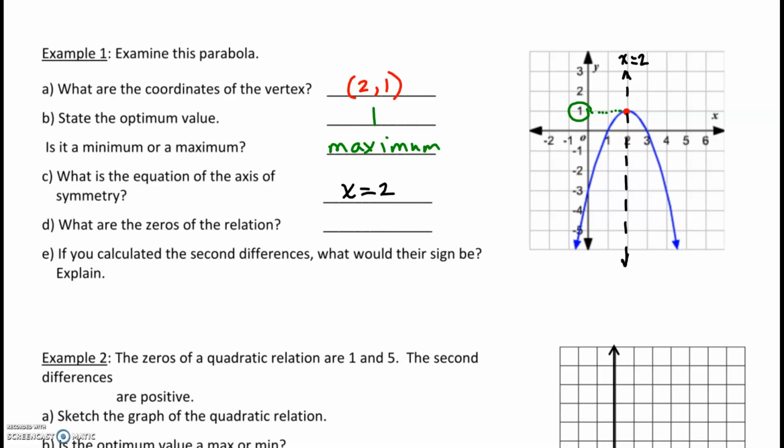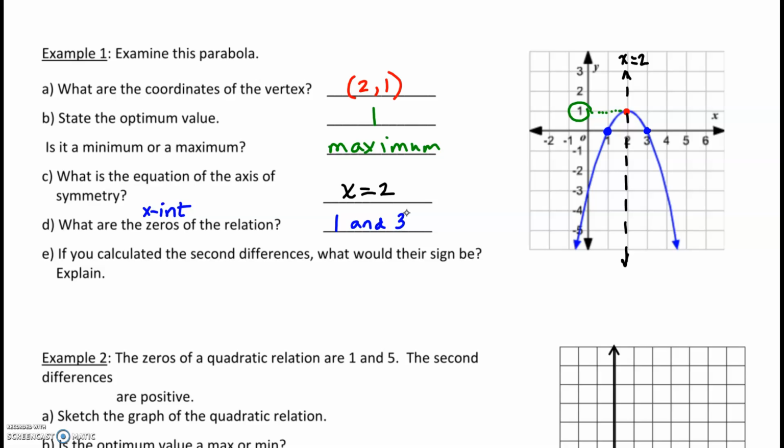Okay, now we're looking at the zeros. Another name for zeros, remember, is x-intercept. So it's where the relation crosses the x-axis. So where I've identified are here. So we know 1 and 3 are the zeros or the x-intercepts. And it says, if you calculated the second differences, what would their sign be?